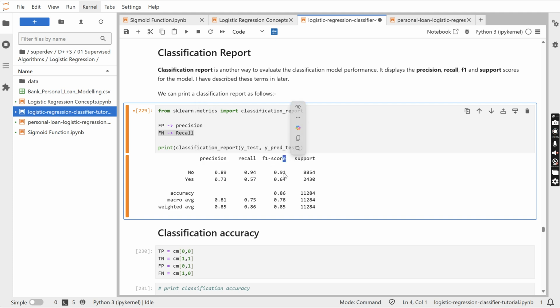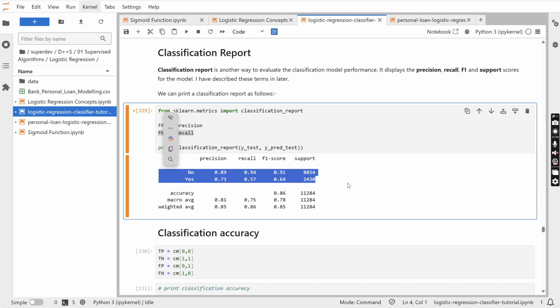So your F1 score is saying 91% of the time the model is doing a good job on no, and 64% of the time on yes. This is a problem. The moment you see F1 scores which are not good, and it also displays how many values were there for each class, immediately you should go back to the next experiment, as in you should retry the process by doing oversampling.